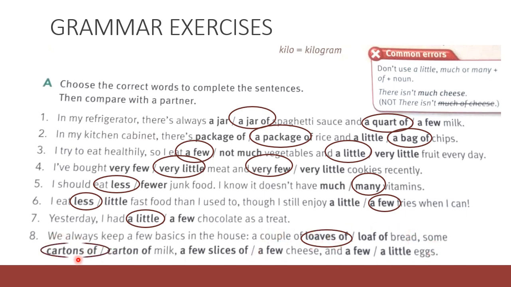Some cartons of, plural again, milk, and a few slices of cheese. Remember, cheese is non-count, but we are counting the slices, not the cheese. So that's why we use a few. A few slices of cheese and a few or a little eggs, in this case, a few eggs.